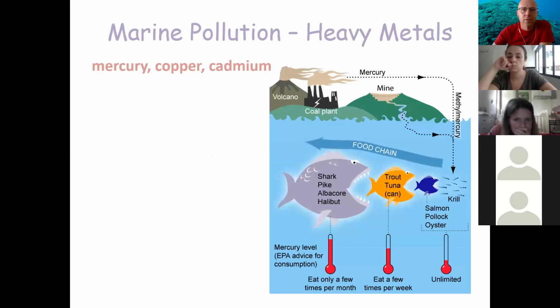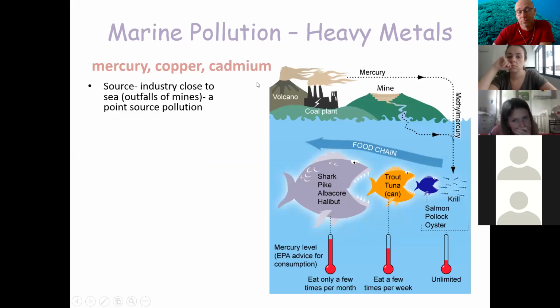Other materials that we know can leach into the environment dramatically by humans, most of it from land, are mercury, copper, and cadmium. Cadmium has been dumped almost everywhere because it's very, very serious. The source of most of these comes from industries, and then there's bioaccumulation of these materials in the food chain.